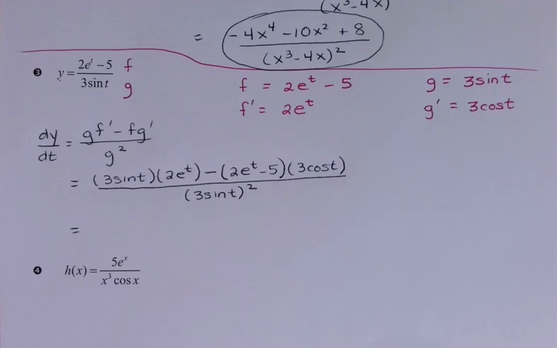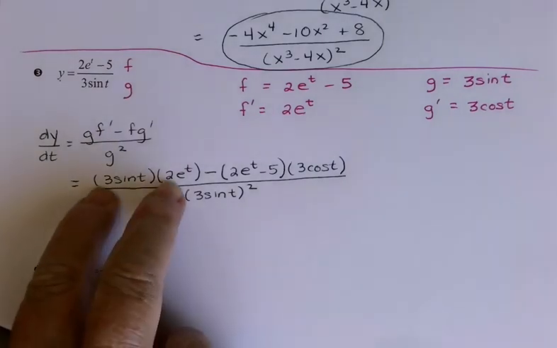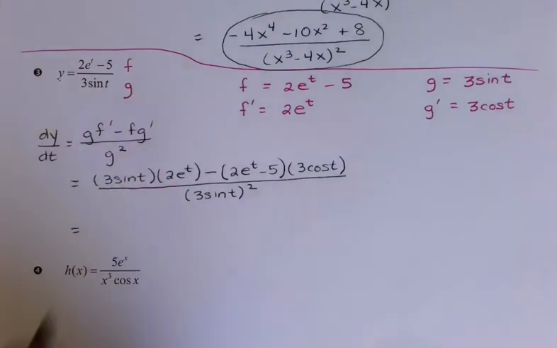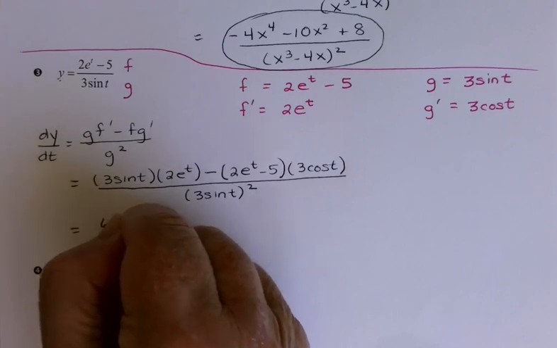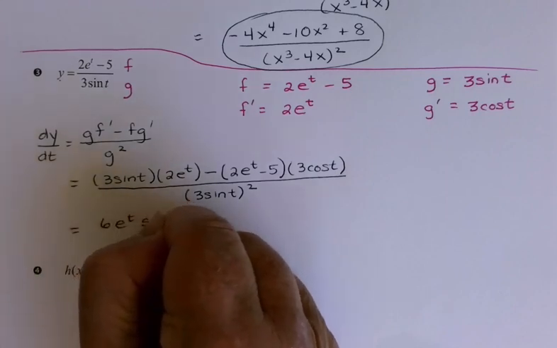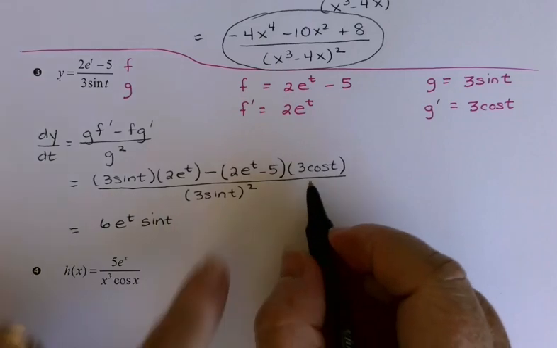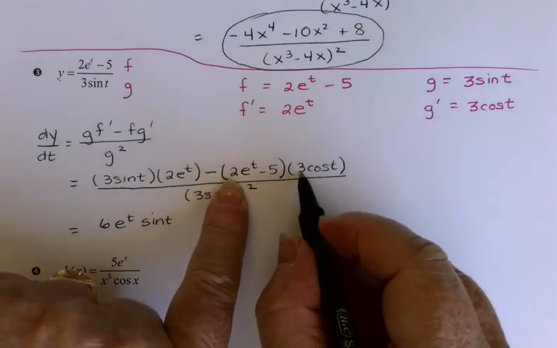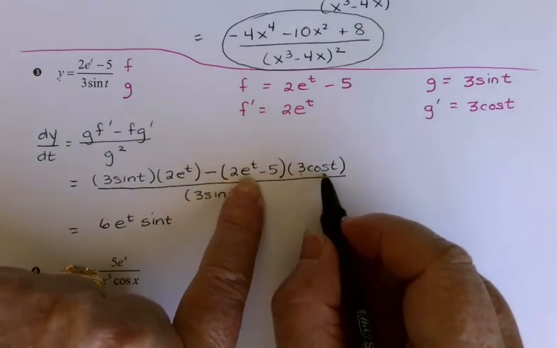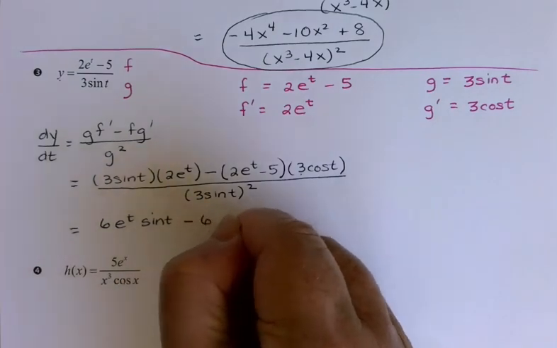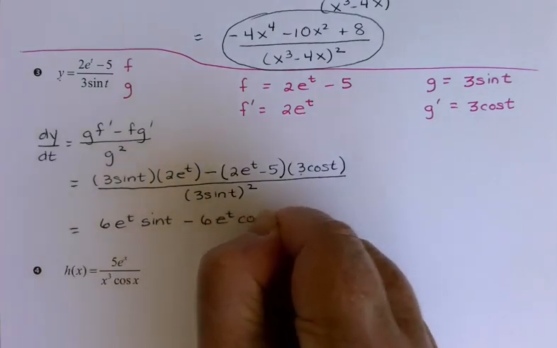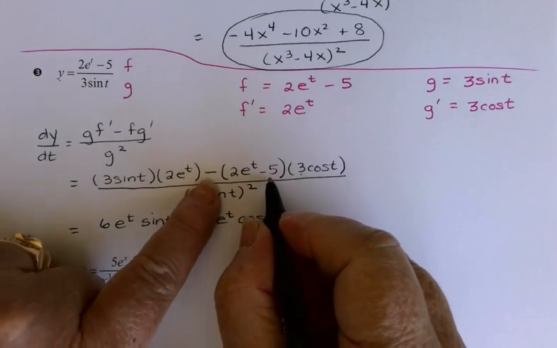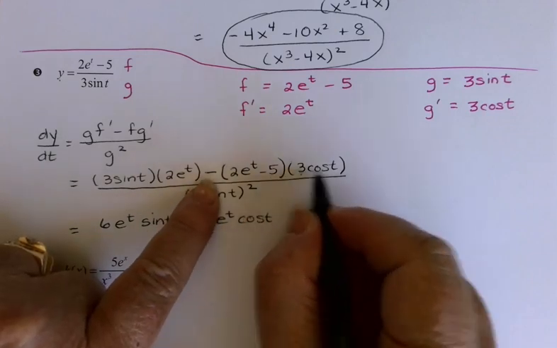Doing a little bit of simplification, I'll multiply by coefficient 6, and I'm going to bring that e to the t in the front, times sine t. And sort of the same thing here, I'd have a negative 6 e to the t cosine t. And then it was like a positive 15 cosine t.